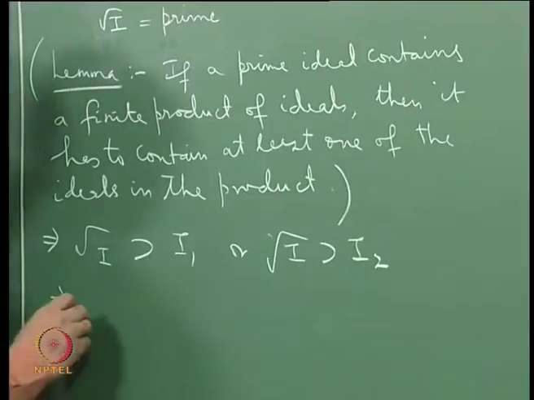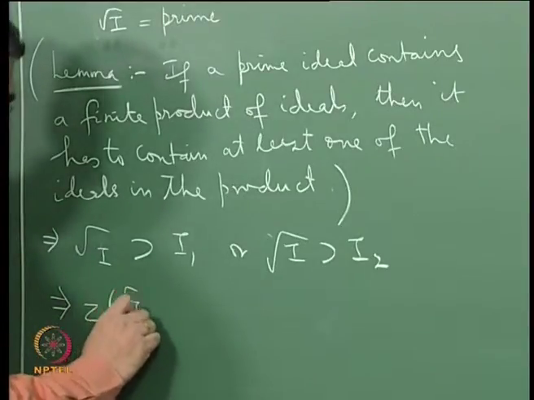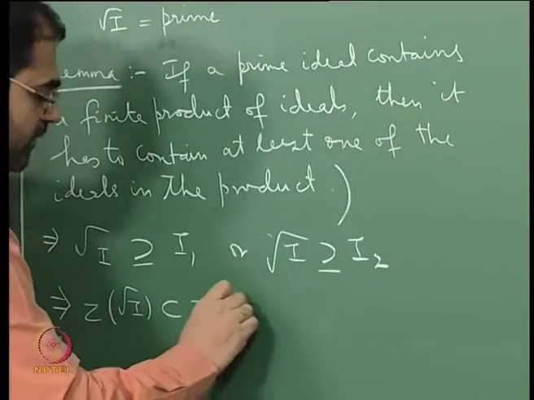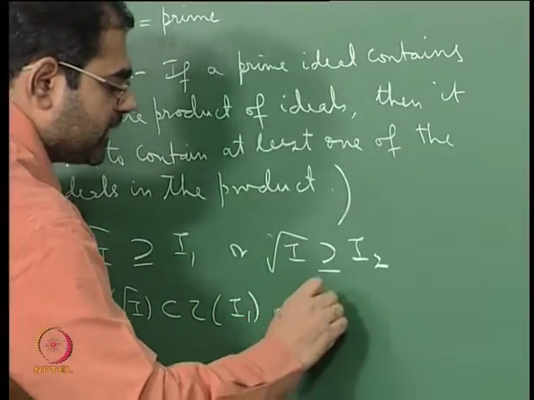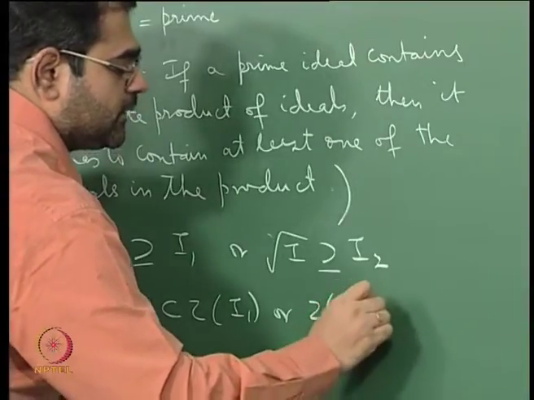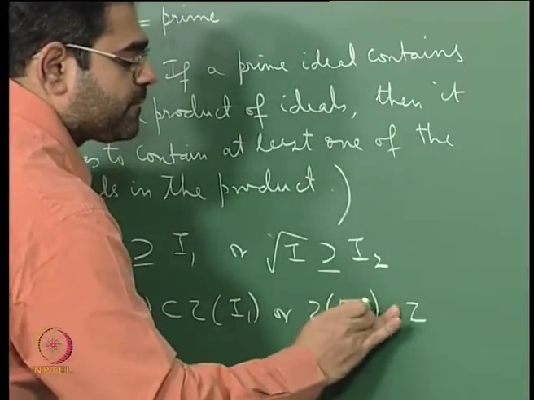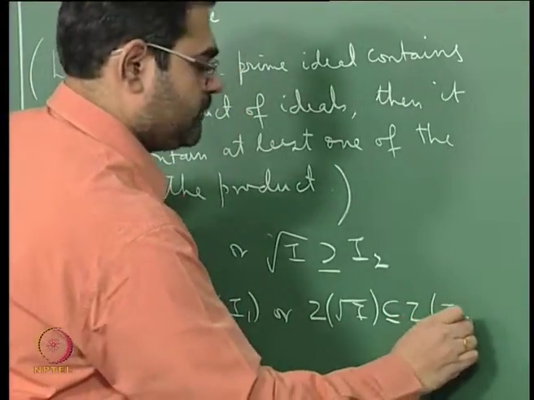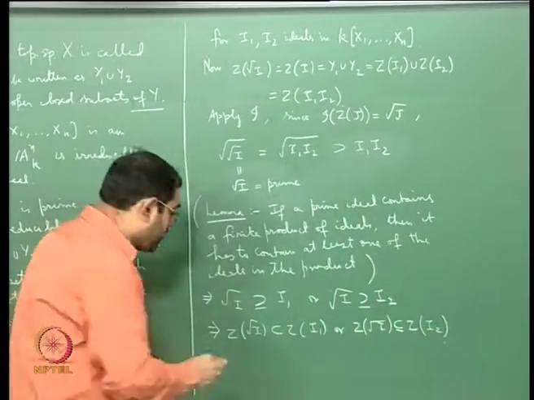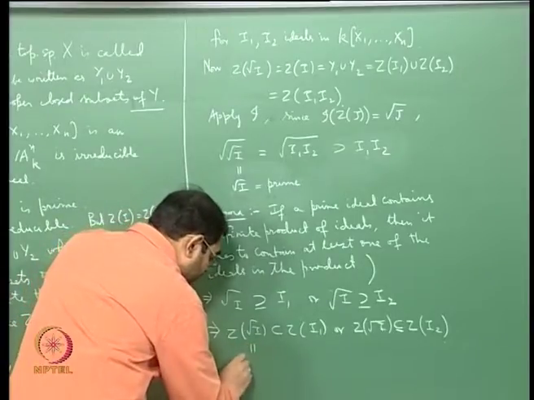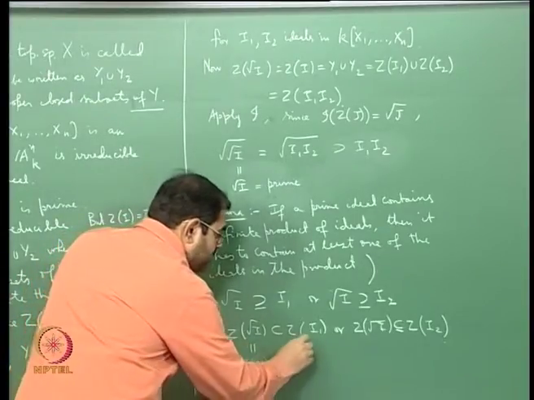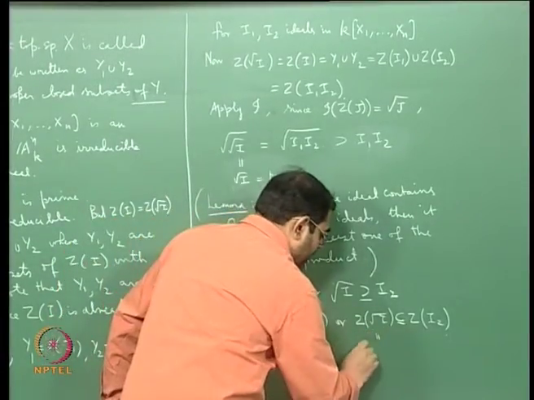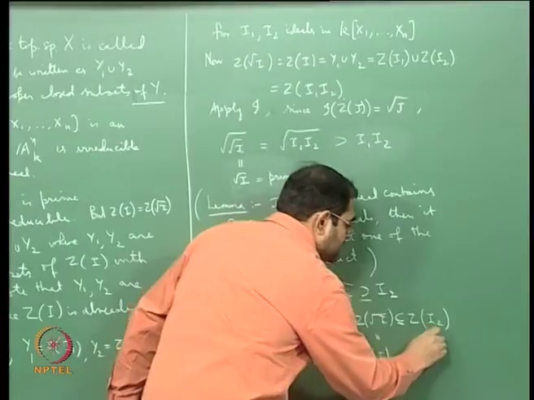So what you will get is Z of rad I is contained in Z of I1 or Z of rad I is contained in Z of I2. Mind you, Z of rad I is just the same as Z of I, and Z of I1 is Y1, and Z of I2 is Y2.